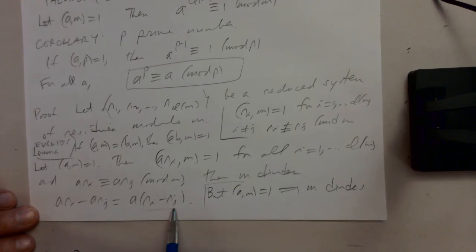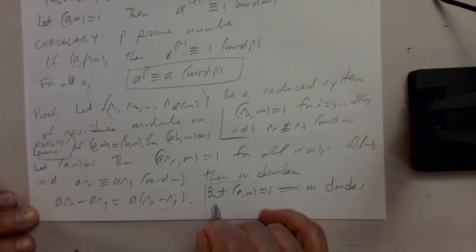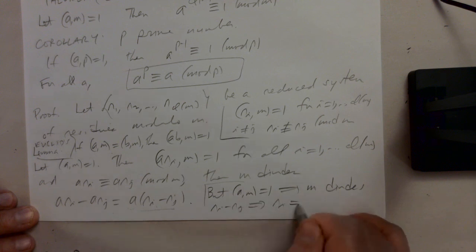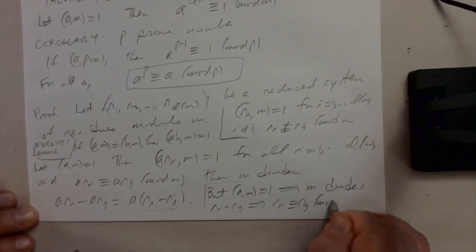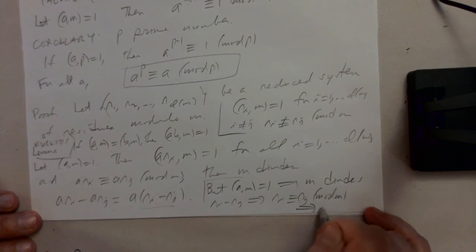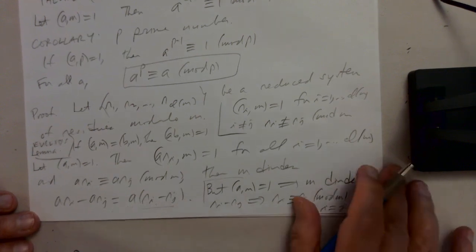Factor out the A, it divides this. But if M divides a product and it's relatively prime to one factor, it divides the other factor. So M divides Ri minus Rj, which means Ri is congruent to Rj mod M, which implies that I is equal to J.